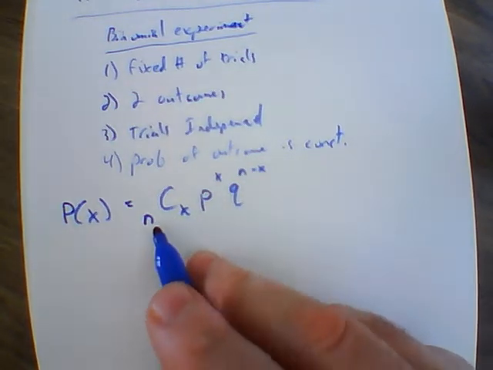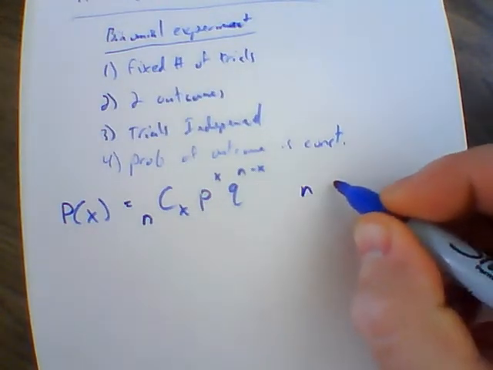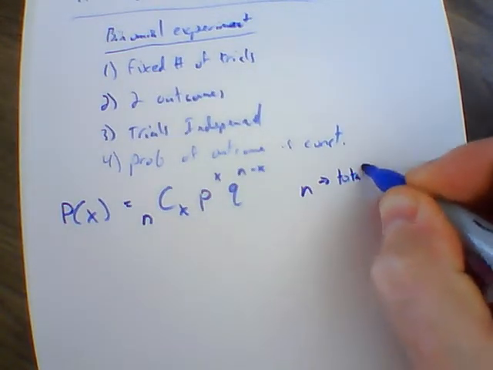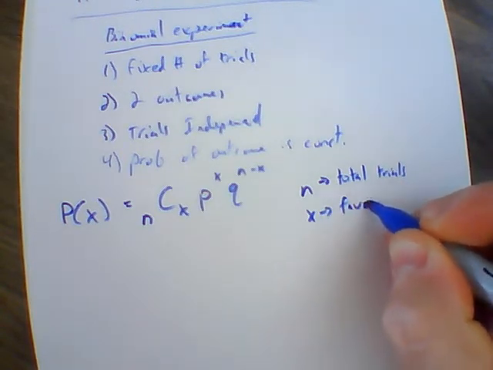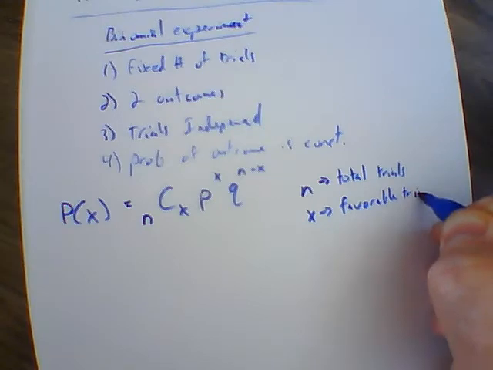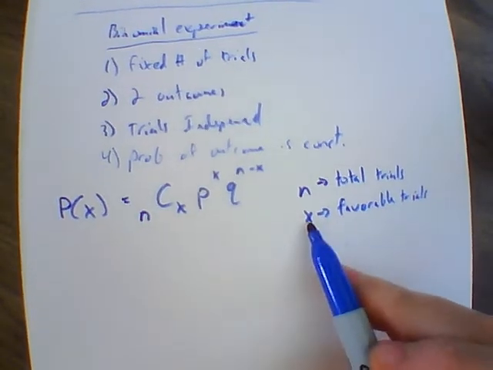So n is our total trials, x is our favorable trials, basically the probability that we want.